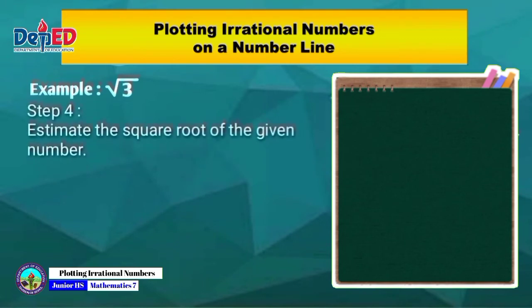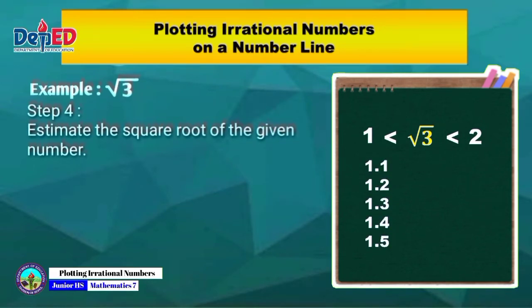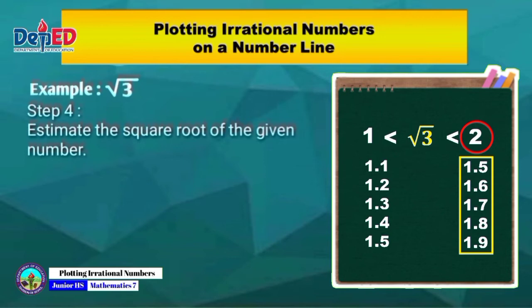Step 4. Estimate the square root of the given number. If square root of 3 is closer to 1, we can use these values. And if square root of 3 is closer to 2, we can use these values. Since square root of 3 is closer to 2, we can use these values.